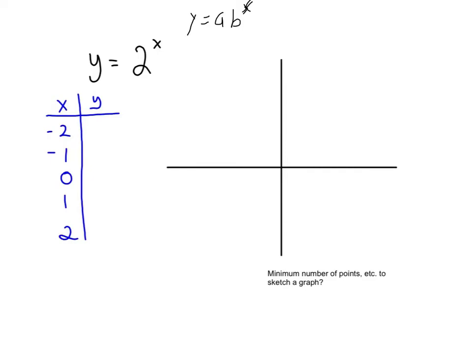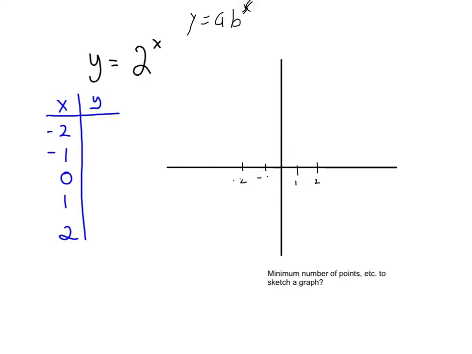So what we want to do is graph this, and so I have my xy axis, and I've used my points that I normally use right around the y-axis, because I want to see what happens right here. So I've chosen x values that are on either side: 1, 2, 0, -1, -2.